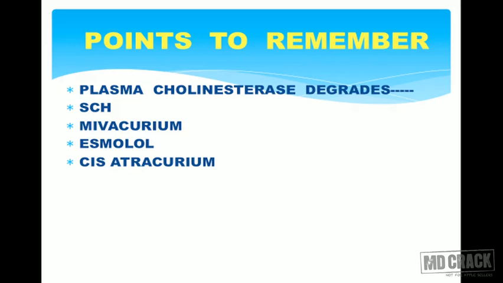And now, since both these drugs are being metabolized by plasma cholinesterase, their duration of action is very small. The other drugs which are metabolized by plasma cholinesterase are esmolol and cisatracurium. The one thing common in all the drugs which are metabolized by plasma cholinesterase is that the duration of action of these drugs is very small.